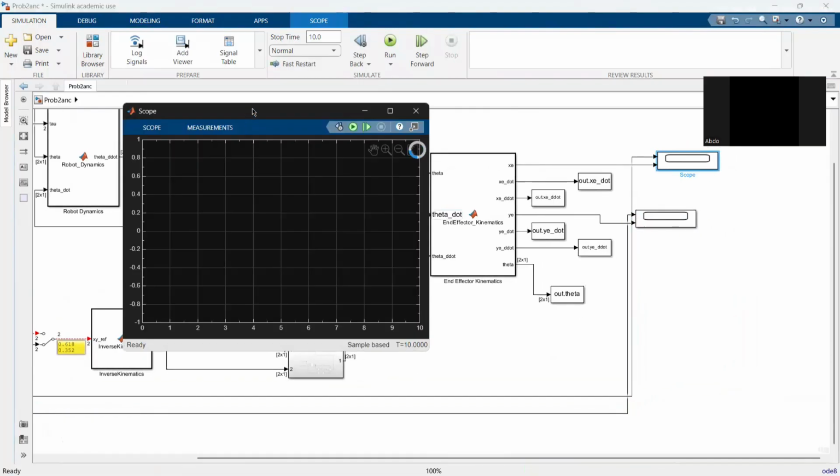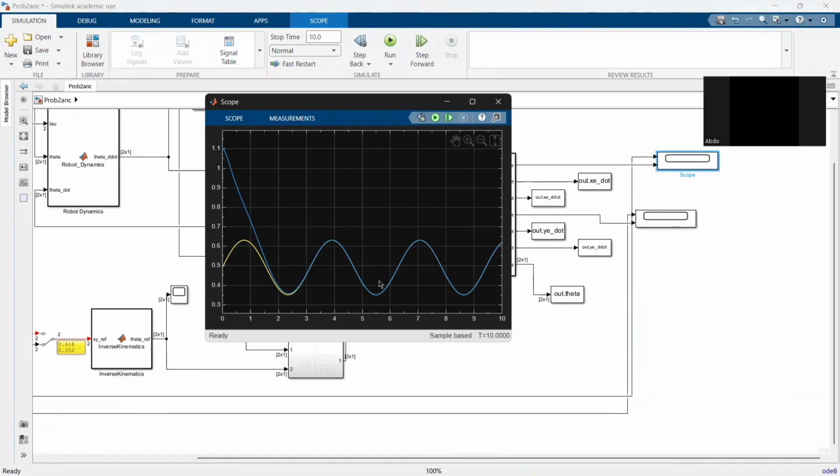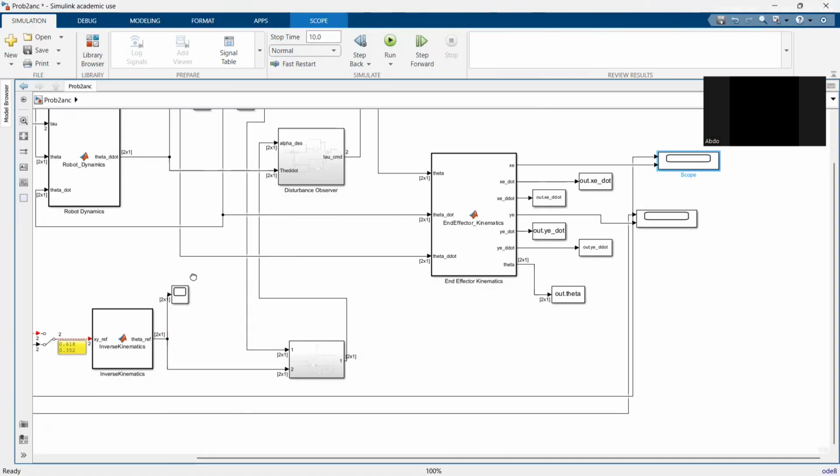And when we open it, we can see that the scopes have the xe and the reference of the sinusoidal.